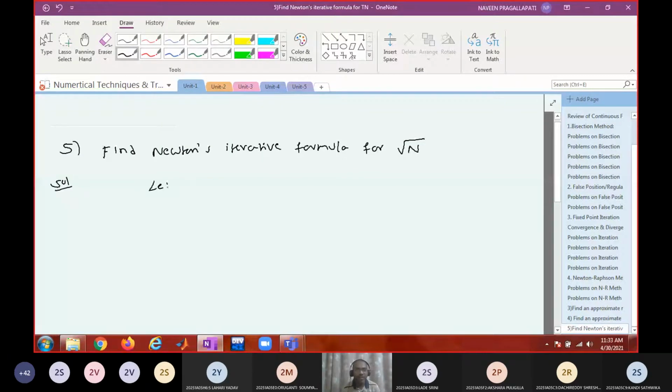You will assume that square root of n equals x, so x square equals n. This implies that x square minus n equals 0. So we will assume that f of x equals x square minus n.